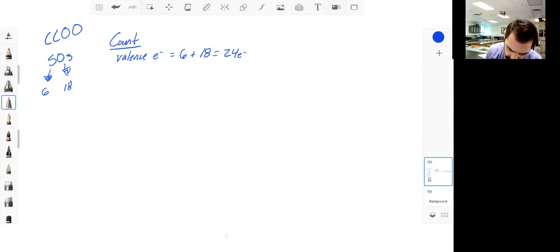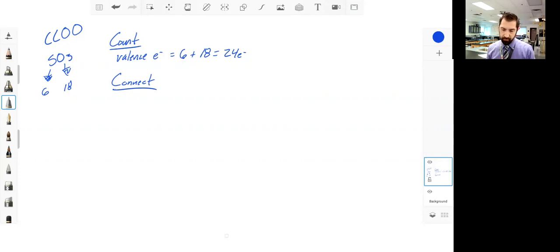The second C stands for connect. Here we need to figure out what's the central atom. When I look at SO3, I don't see carbon, so we can't make that the central atom. But if I have a sulfur and 3 oxygen, we need symmetry.